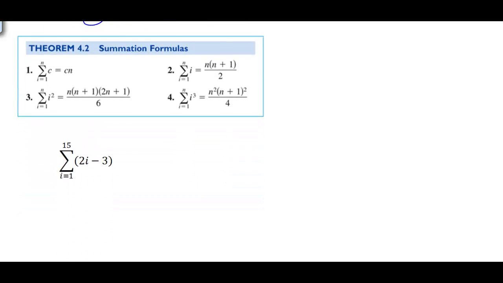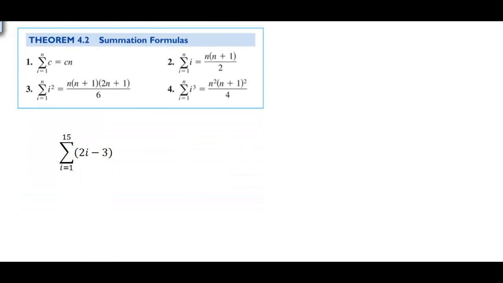So we're going to look at an example of how we can use these formulas. For example, if we look at the sum of i equals 1 to 15, and our term here is 2 times i minus 3.